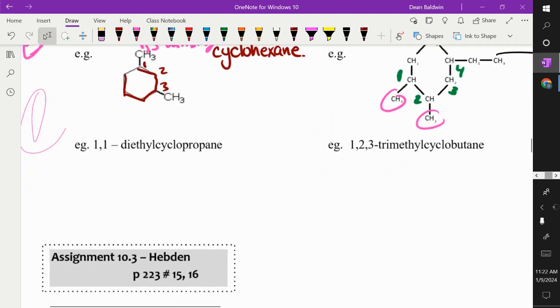So cyclopropane, the root. What shape do I draw? It's a triangle, right? Because it's 3 carbons. So you can do that. 1,1 diethyl. So where do you put the 2 ethyl groups?